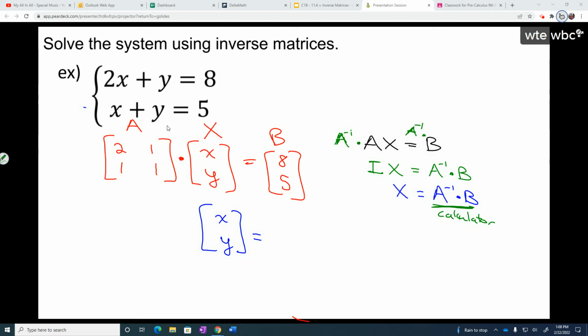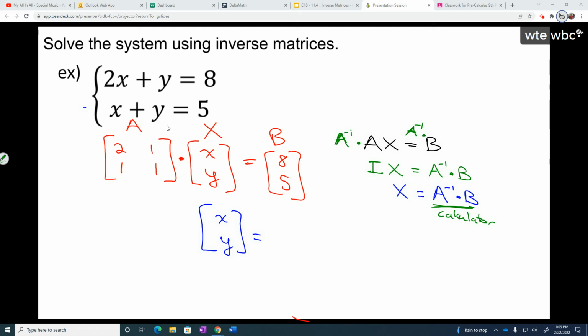So what we're going to do, enter this in your matrices. Go over to second matrix and edit, first of all. Hopefully you can type those in. Make sure it's a 2 by 2.